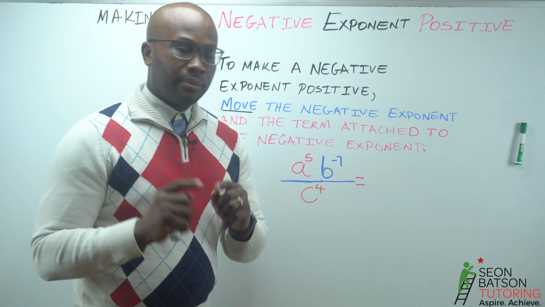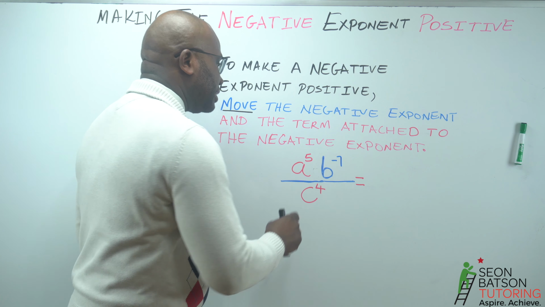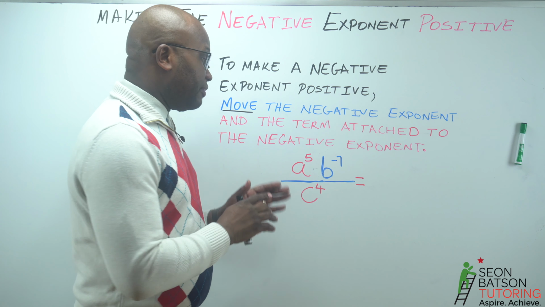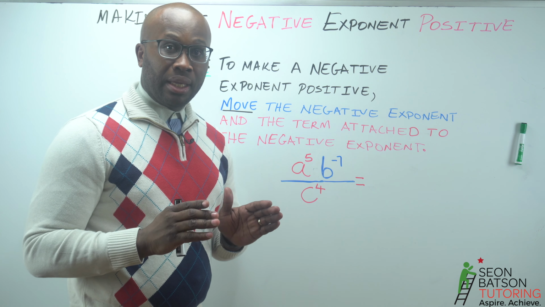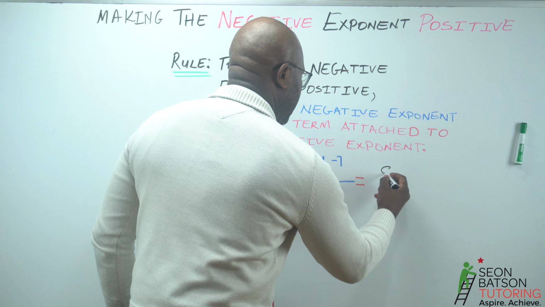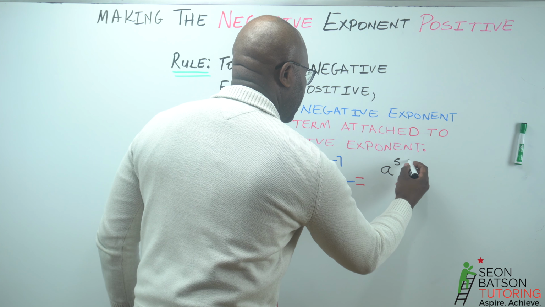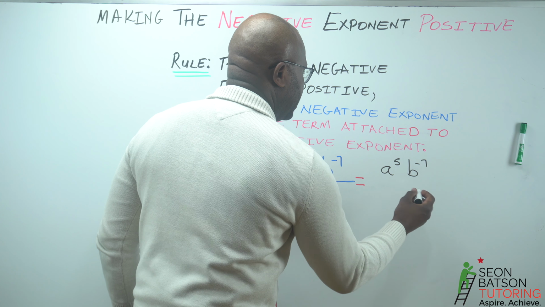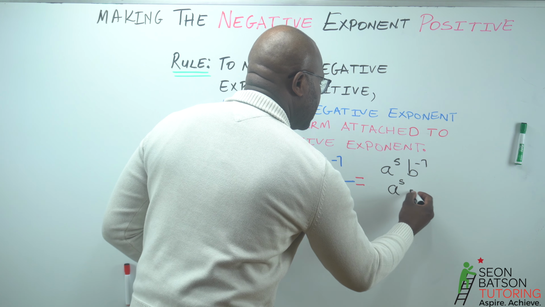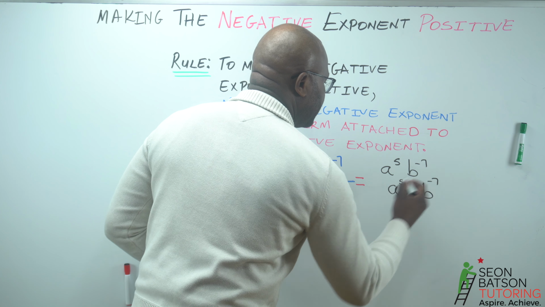The negative 7 is attached to the b and the b only, because a to the 5th power, b to the negative 7th power is the same as a to the 5th power times b to the negative 7th power.